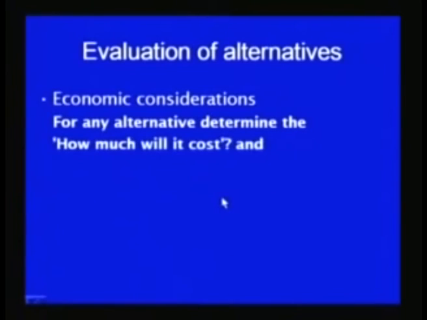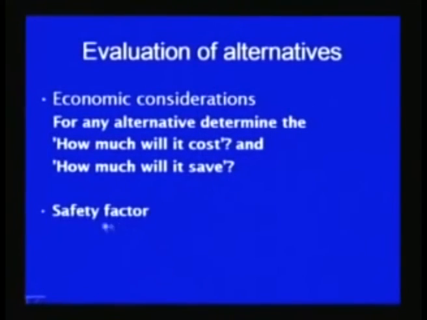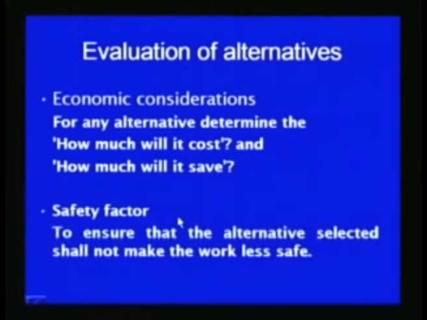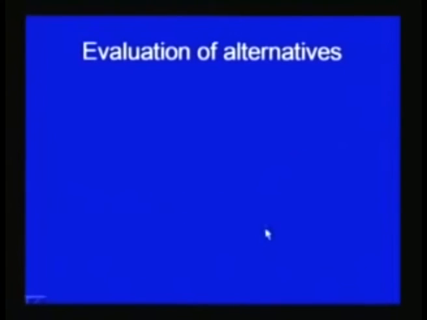As far as evaluation of the alternatives on the basis of economic consideration is concerned, for any alternative it is determined how much it will cost. If a particular new method is to be implemented, how much will it cost and how much saving will it result in. Regarding safety, the new method should not impose any safety related problems on the worker. It should ensure that the alternative selected shall not make the work less safe.